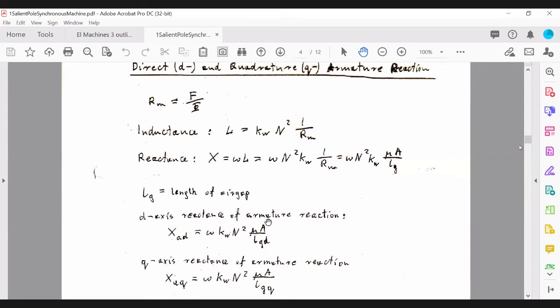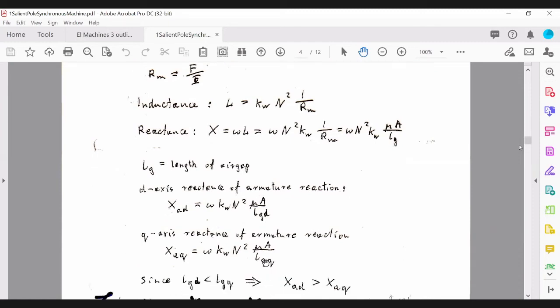It shows you that when you are designing the machine, the factors that may influence your d-axis reactance and q-axis reactance are L, Lgd and Lgq. That's the length of the air gap along the d-axis and the length of the air gap along the q-axis.